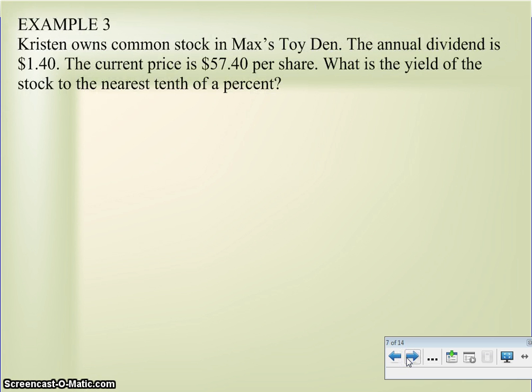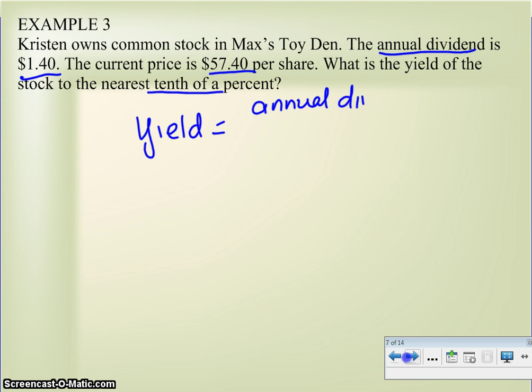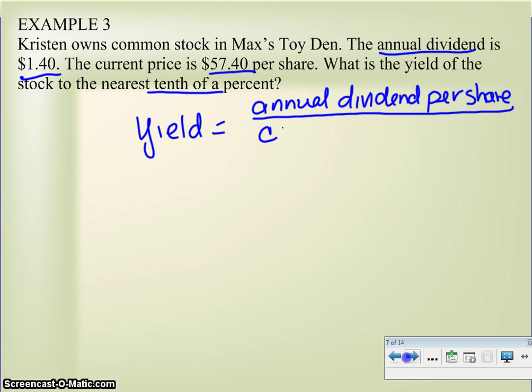Example 3, Kristen owns common stock in Max's Toy Den. The annual dividend is $1.40. The current price is $57.40 per share. What is the yield of the stock to the nearest 0.1%? So in order to find the yield, we have the formula taking the annual dividend per share, and we're going to divide that by the current price of 1 share.